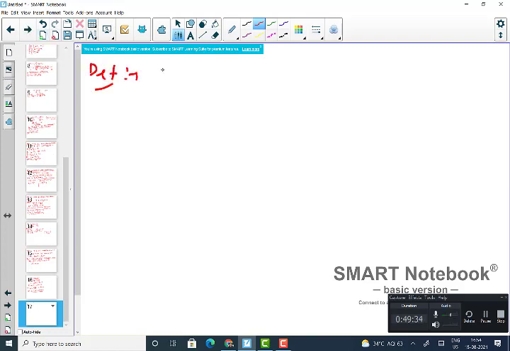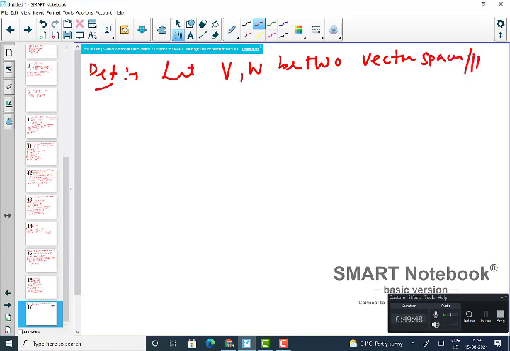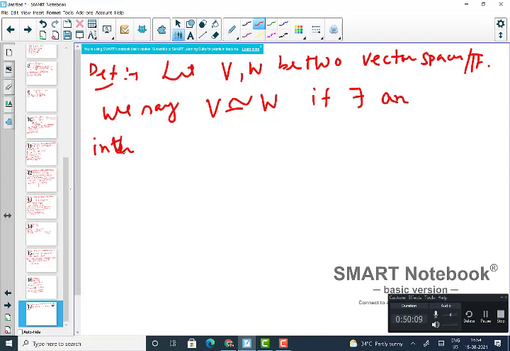So let W and V be two vector spaces over some field F. We say W is isomorphic to V, or V isomorphic to W, if there exists an invertible linear map from V to W, whatever, it doesn't matter.